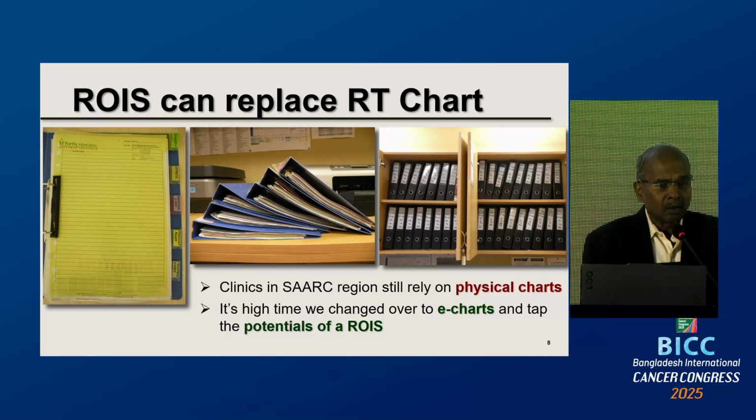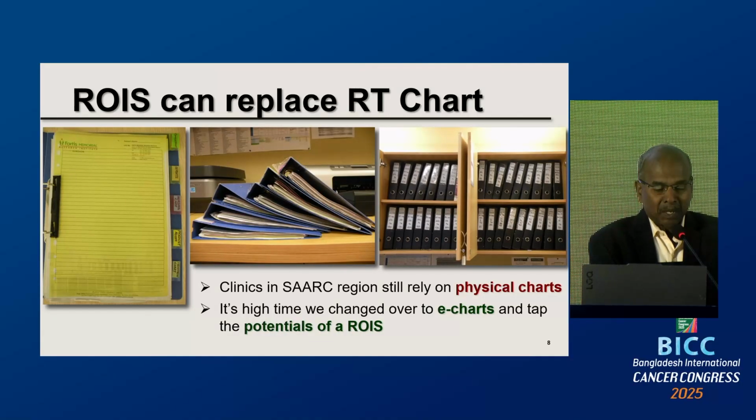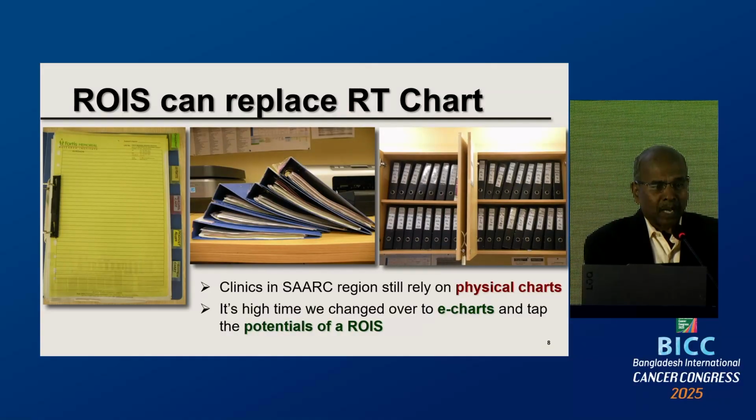So, this is how almost all of us are working. We are having a paper-based RT chart, and at any point of time in the clinics, you will have 50 or 100, depending on the number of patients on the table. And then we just pile up a lot of data, a lot of files every year.